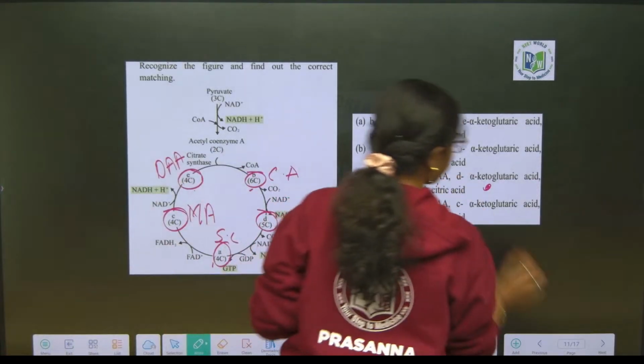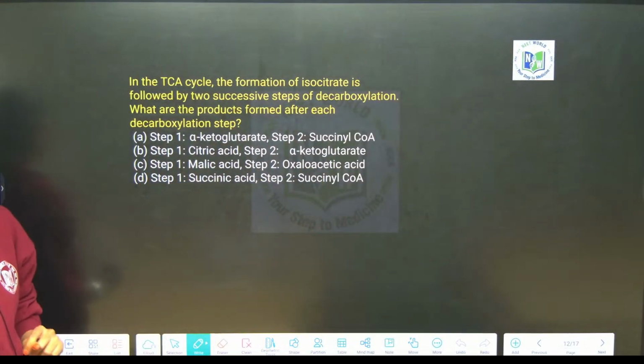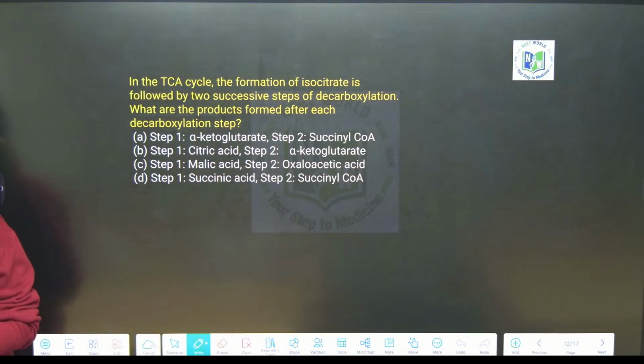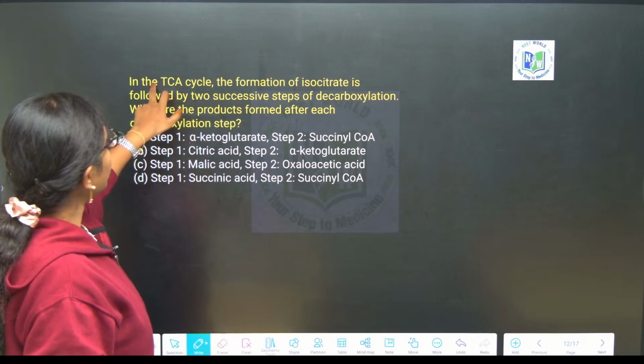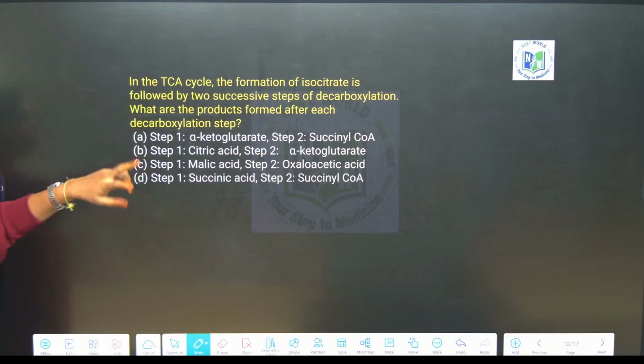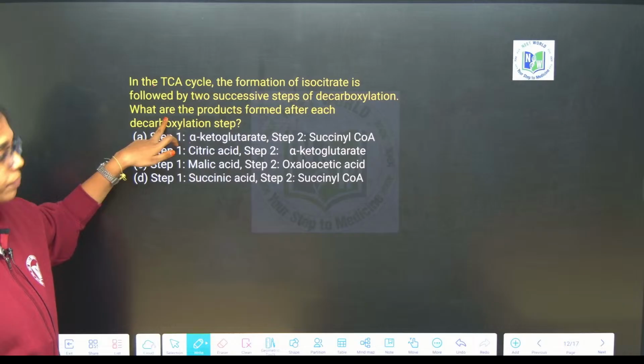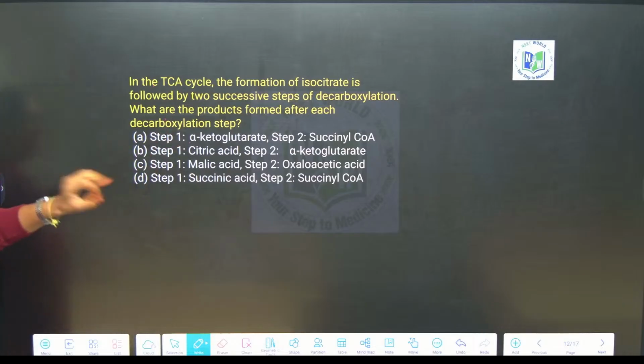Next question. In TCA cycle, the formation of isocitrate is followed by 2 successive steps of decarboxylation. What are the products formed after each decarboxylation?